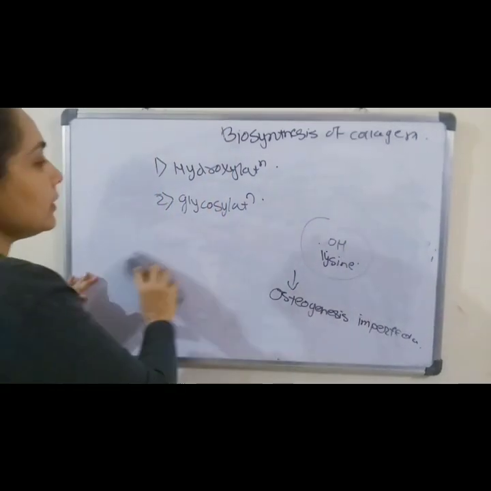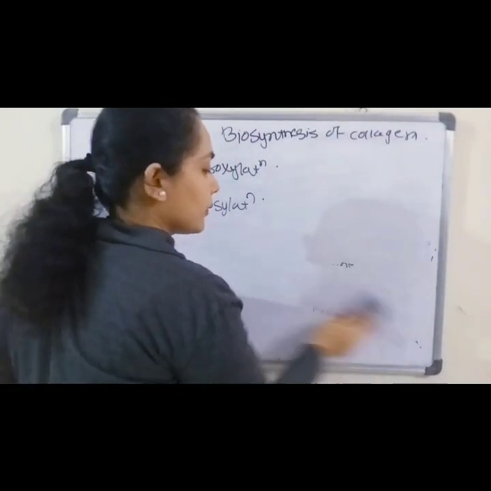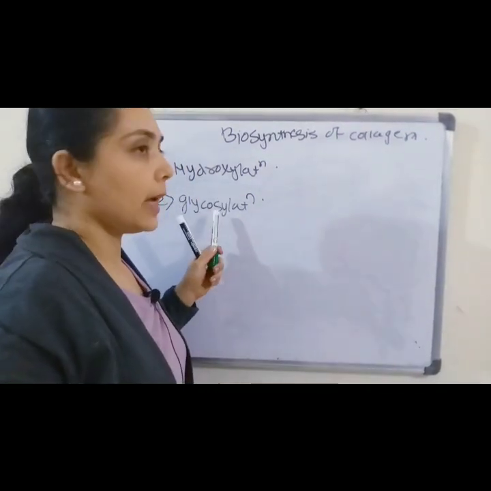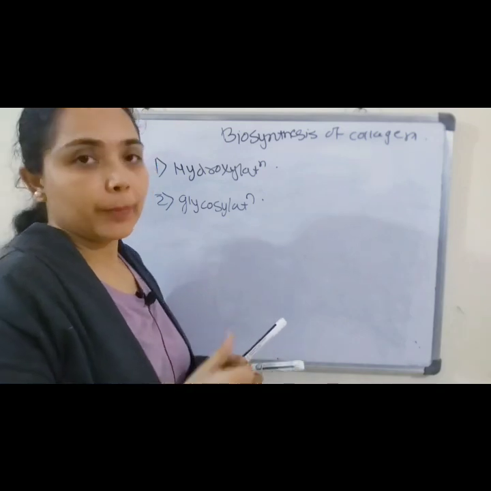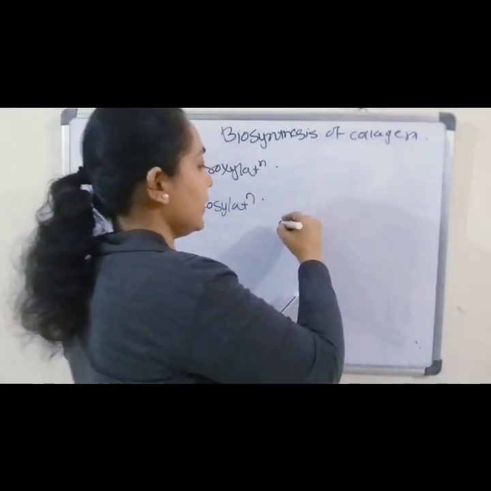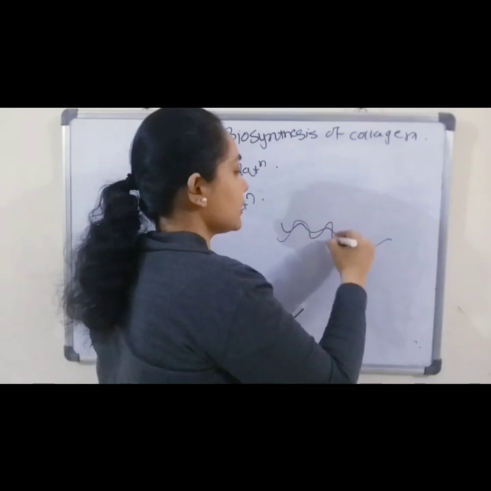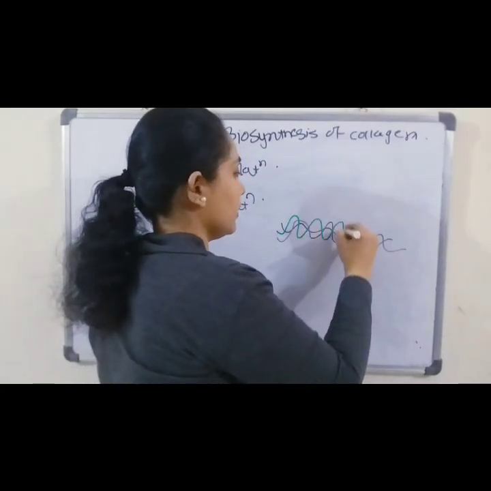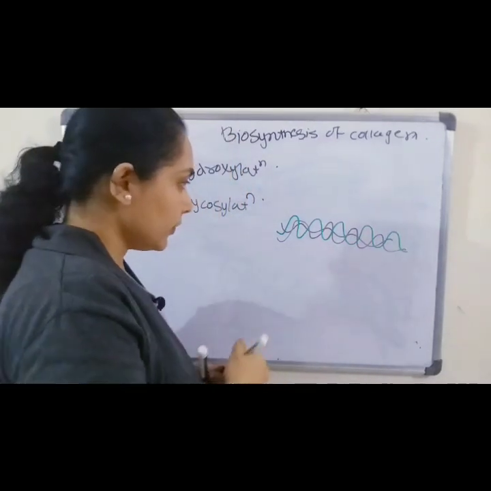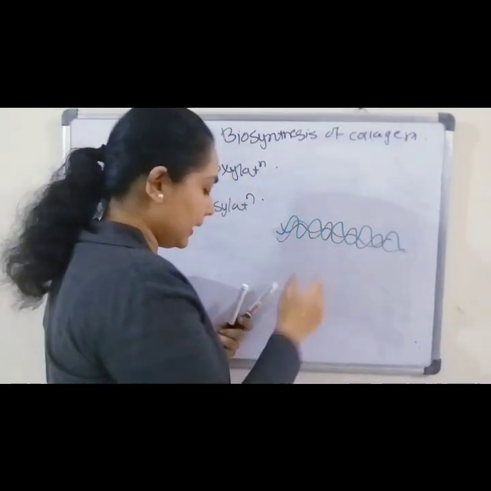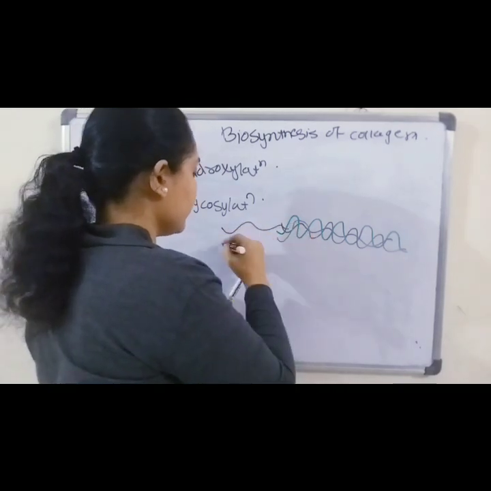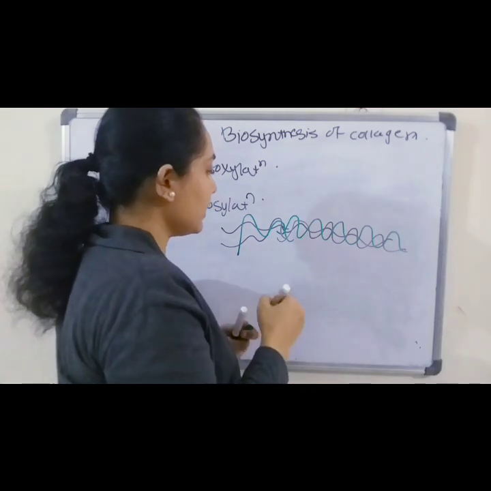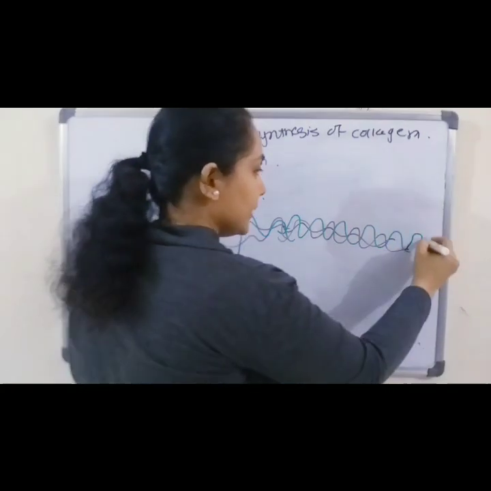Okay, then after these steps, hydroxylation and glycosylation, the three polypeptide chains will spontaneously form a coil-like structure. So at the center the triple helix is there, and at both sides some loose ends are also present, both at the N terminus and the C terminus.